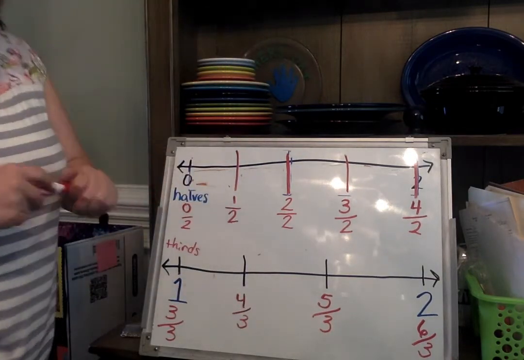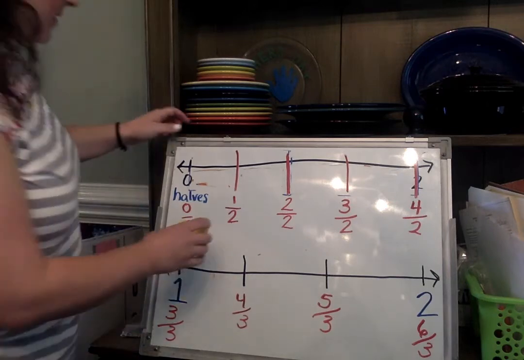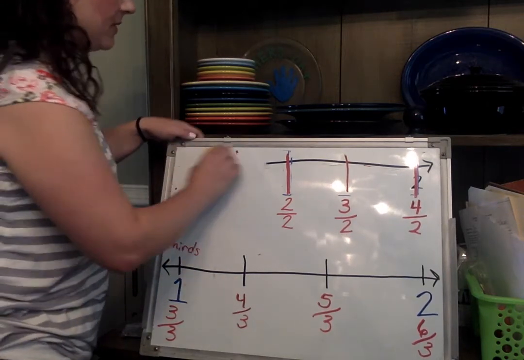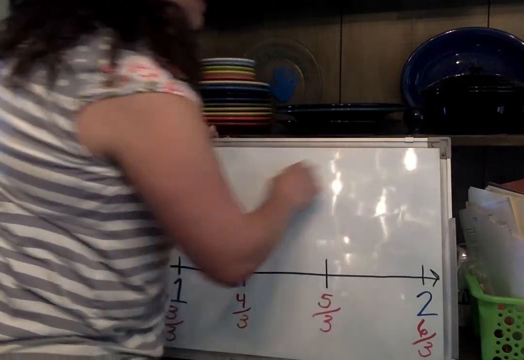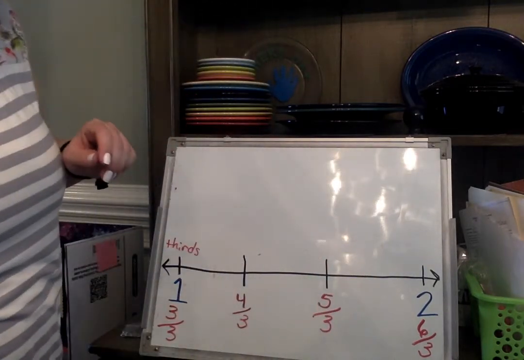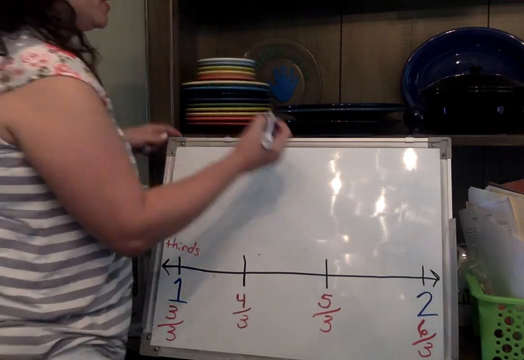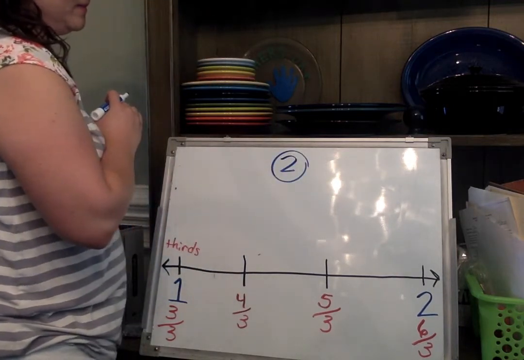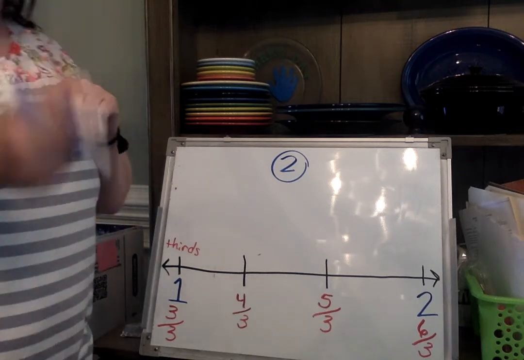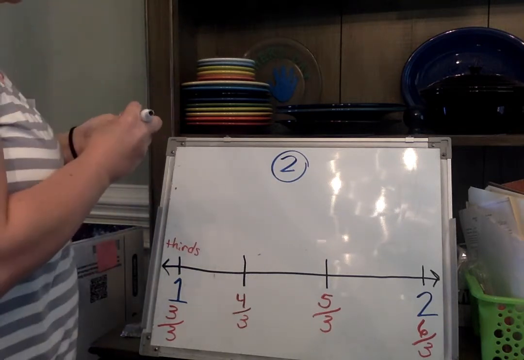Now, I'm not so sure about that 6 thirds, so I want to come up here and I'm erasing this so I can draw a nice number line and check it out and see if that's going to be right. So my whole is going to be 2. Okay, so I need 3 thirds to make up 1 whole.